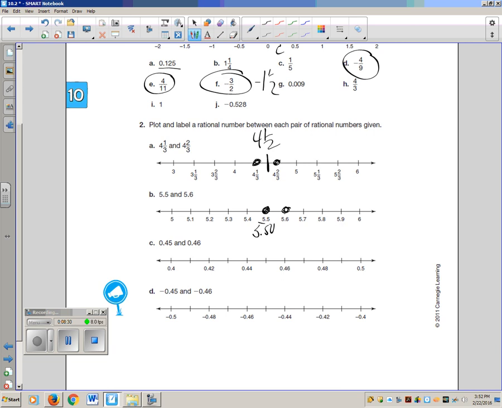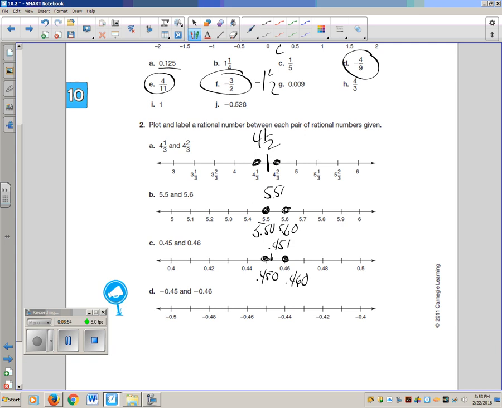Remember, add a 0. You can see it right off the bat. Oh, let's do 5.51. 0.45 and 0.46. There's 0.45. There's 0.46. I'm going to put a 0. 0.460. 0.451. That's good. And D.